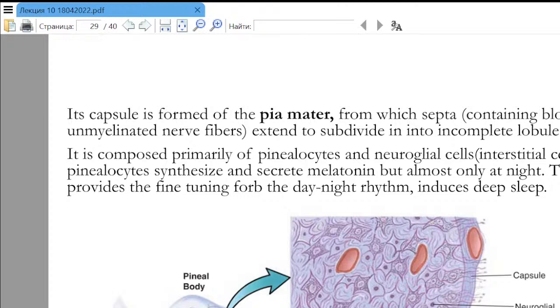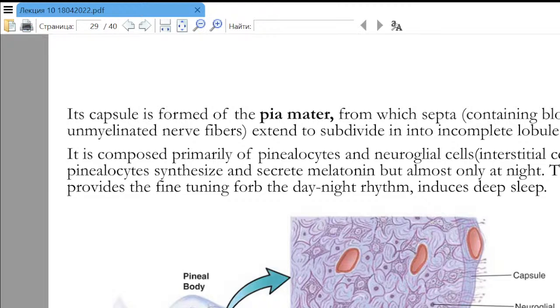It's composed primarily of pinealocytes and neuroglial cells, interstitial cells. The pinealocytes synthesize and secrete melatonin, but almost only at night. The melatonin provides the fine tuning for the day-night rhythm and induces deep sleep.